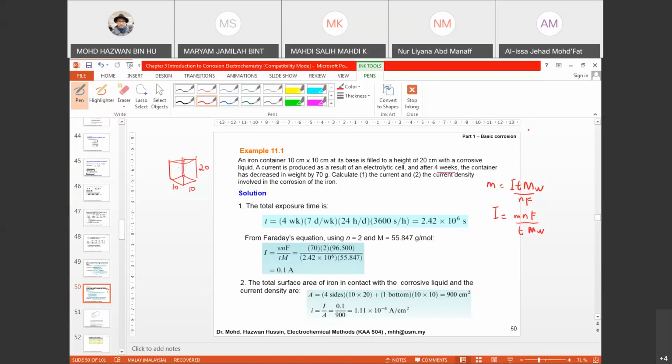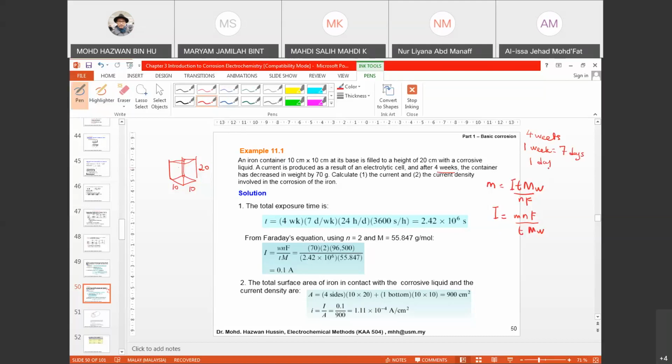Okay, so let's do the unit conversion. You have 4 weeks. Okay, so 1 week equals how many days? Jihad, 1 week equals how many days? 7, Doctor. So 4 weeks is 28 days.